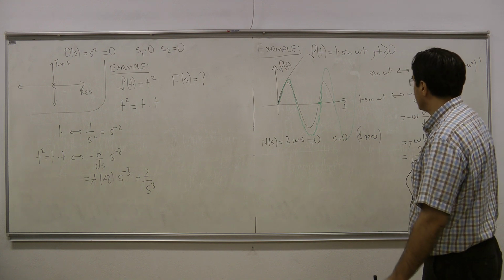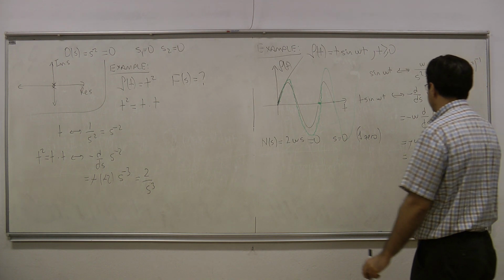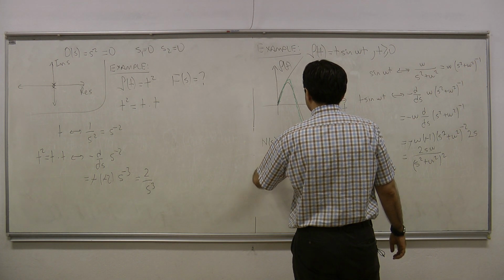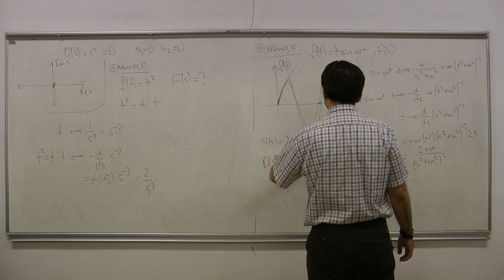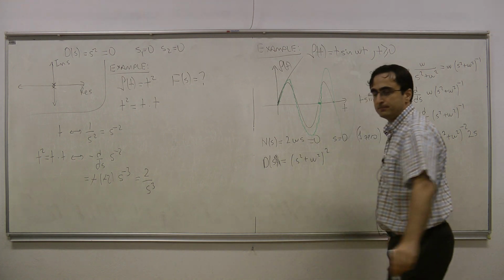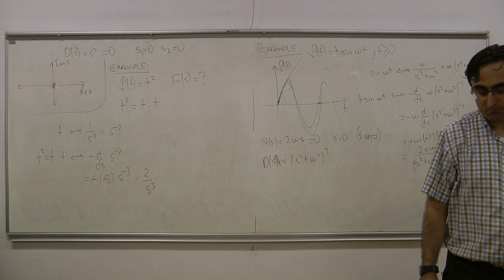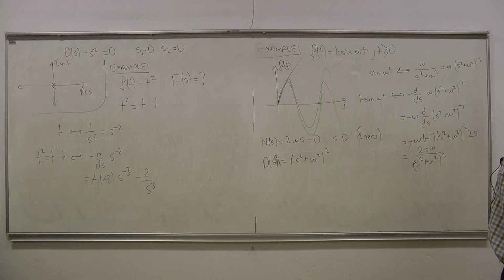Okay? What about the denominator? So D(s), the denominator polynomial, is (s squared plus omega squared) squared. What is the order of this polynomial? What do you think the order is?